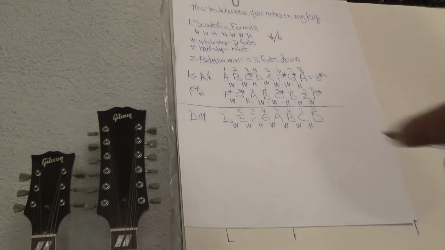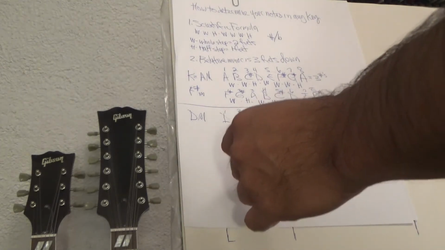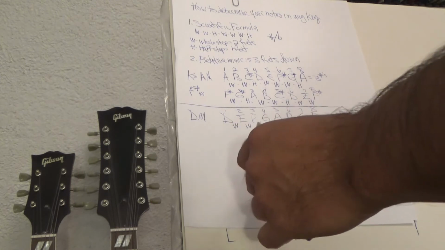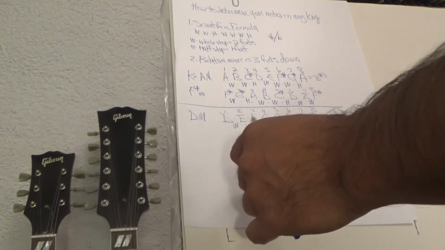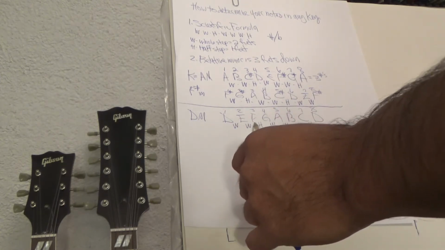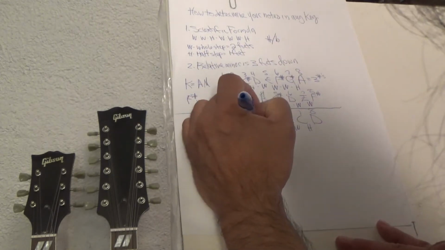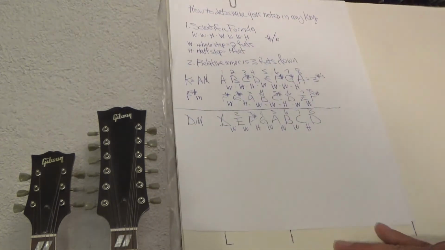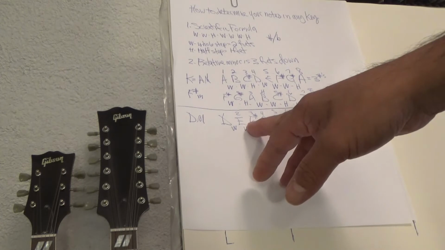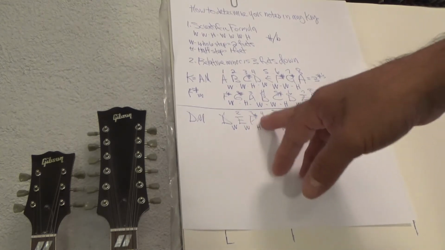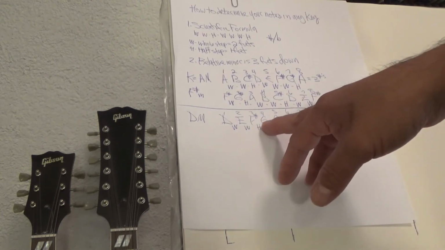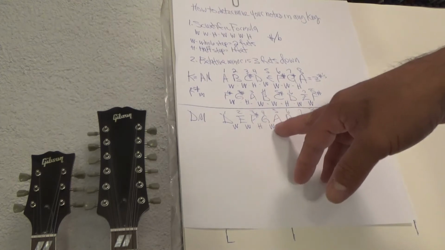So, D to E, there's a whole step, so we know there's not a sharp there. E to F would normally be a half step because they're next to each other, but since it's a whole step, we can say that's going to be a sharp there. Half step between the F sharp and the G, so that means we're going to have a natural G. Whole step between the G and the A, no sharp there.